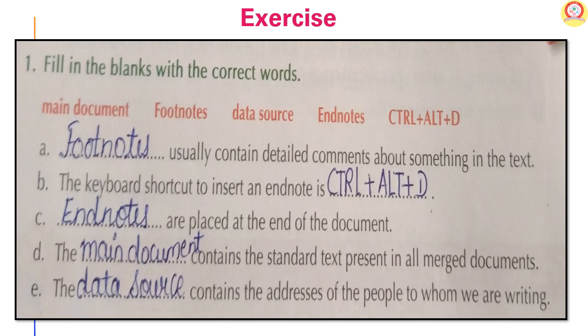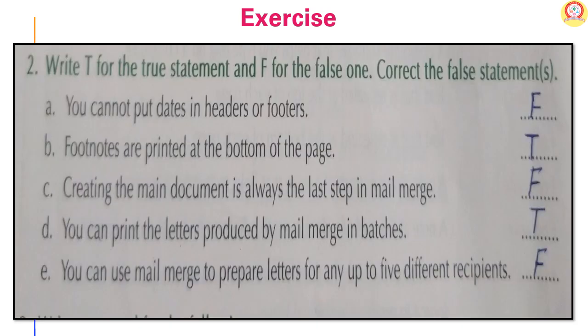Now third one. Endnotes are placed at the end of the document. D. The main document contains the standard text present in all the merged documents. The last is the data source contains the address of the people to whom we are writing.